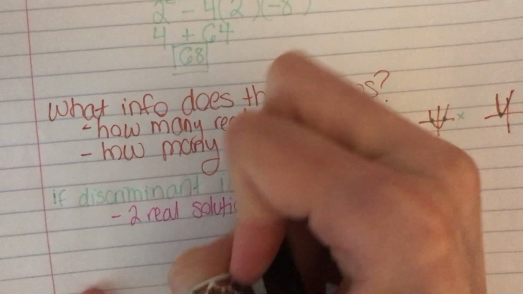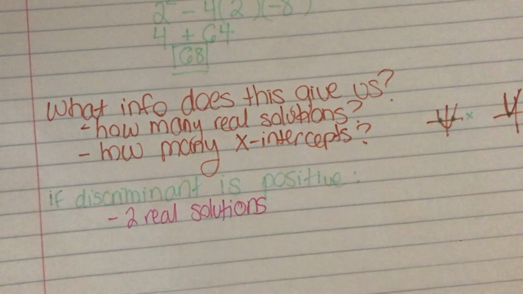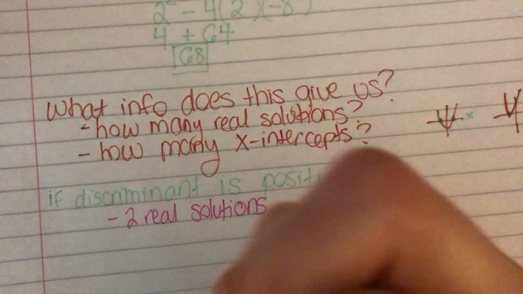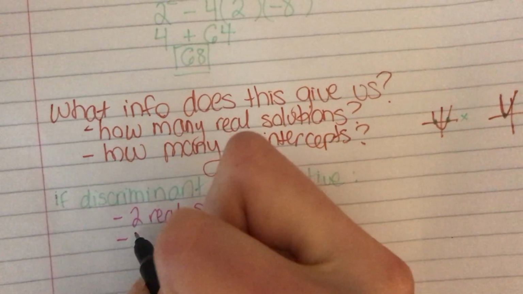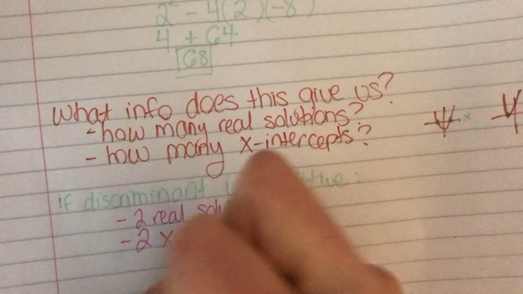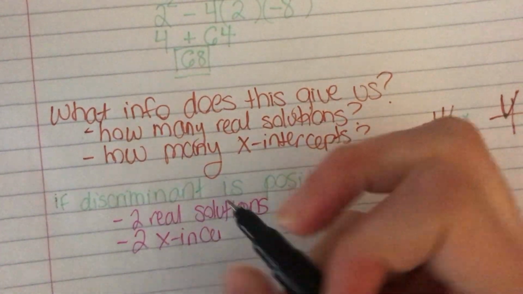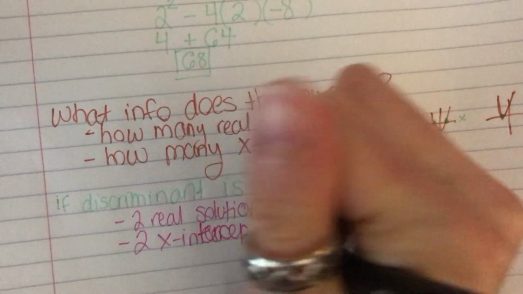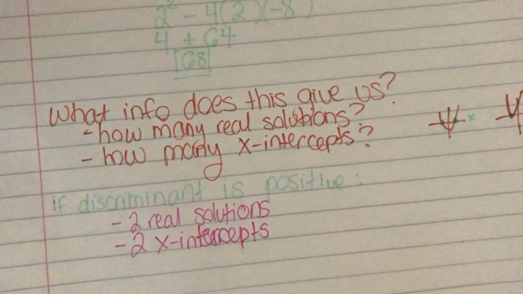Now, it doesn't tell us what those solutions are, does it? It just tells us that there will be 2 solutions that exist, okay? And it tells us that there will be 2 x-intercepts, meaning that the graph will cross, that's not how you spell that. The graph will cross the x-axis 2 times.